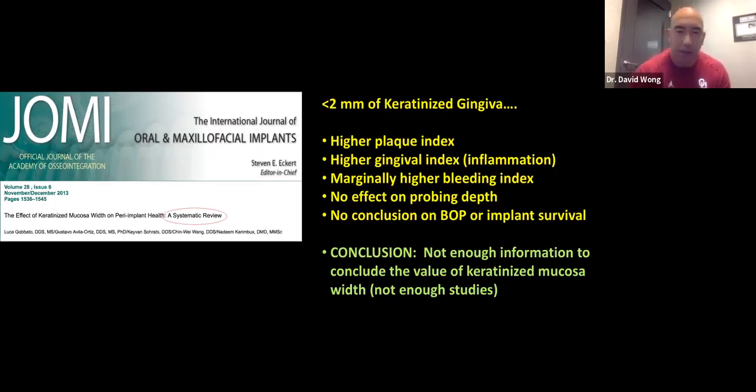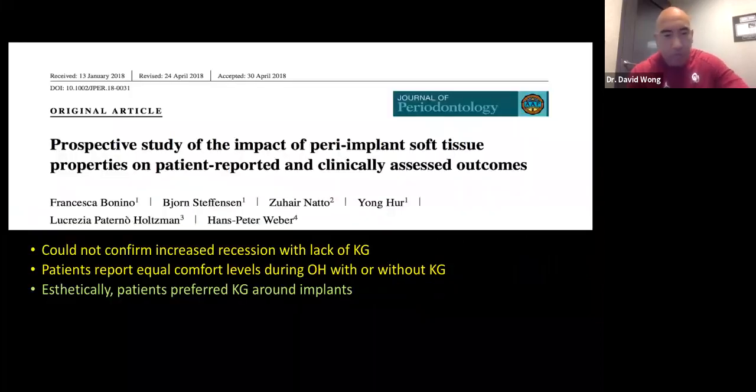So less than 2 millimeters of keratinized gingiva here did yield a higher plaque index and a higher gingival index, but it had no effect on probing depth or bleeding on probing or implant survival. Okay, so the conclusion here is not enough information. So keep in mind with these systematic reviews, there often are not enough papers with the same inclusion criteria to make the paper meaningful.